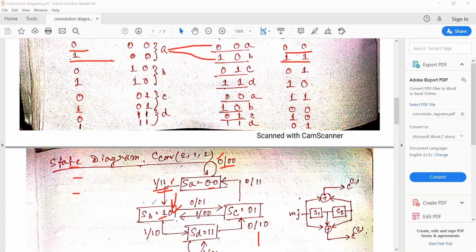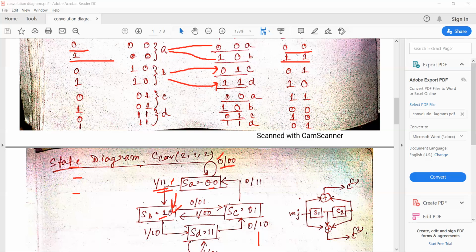In this way, when the present state is considered to be 1, 0, like B, that means this is the present state. Now I'm considering this SB as my present state. So from B, we can go to C and D. C means 0, 1.